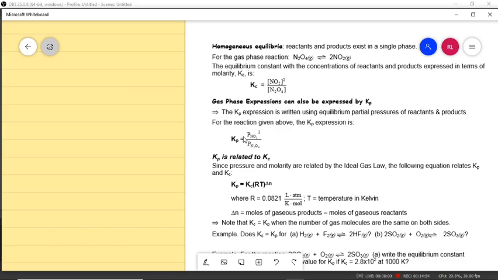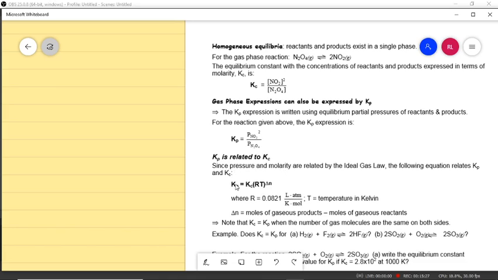We use bracket to mean that we are dealing with concentration. This time, for the case of P, what we use is the partial pressure. Kasi pwede naman nating tingnan yung concentration ng gas in a certain solution using pressure. Kasi dependent kasi yung concentration ng gas sa pressure. So, how is it related to K sub C?